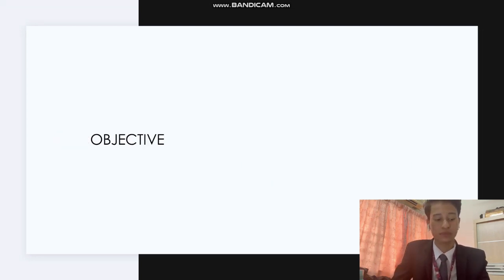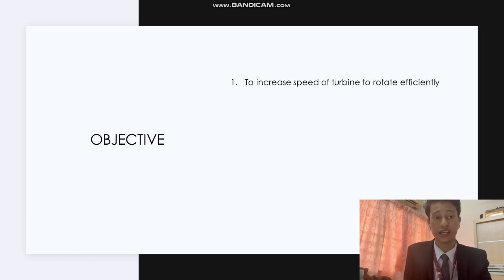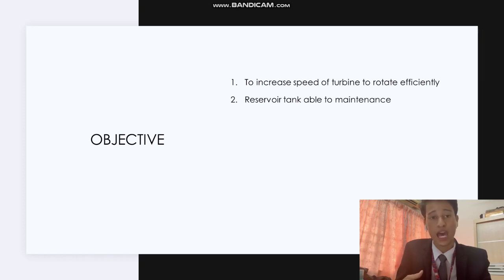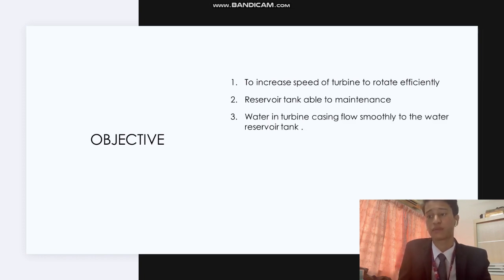And this is my objective. Basically, my objective is to counter all the problem statements that I found in my research. Firstly, to increase the speed of the turbine to rotate efficiently. Second, the reservoir tank is able to be maintained.